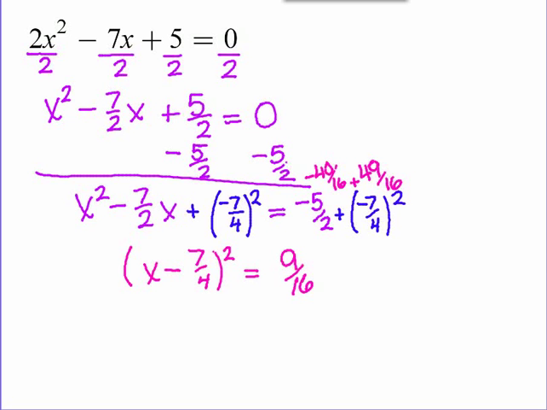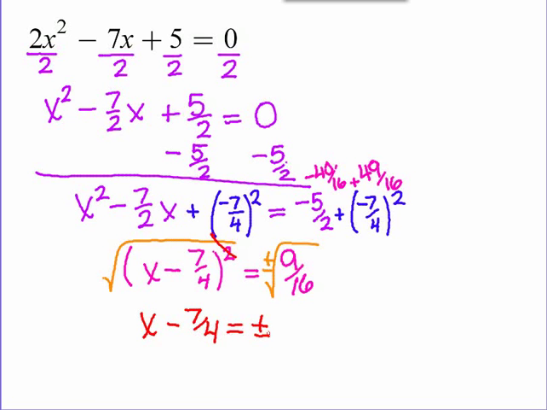So what do you do now? Square root. Now here these are gone, and you're left with x minus 7/4 equals plus or minus.